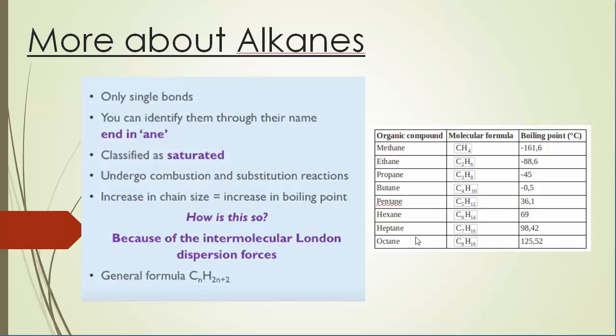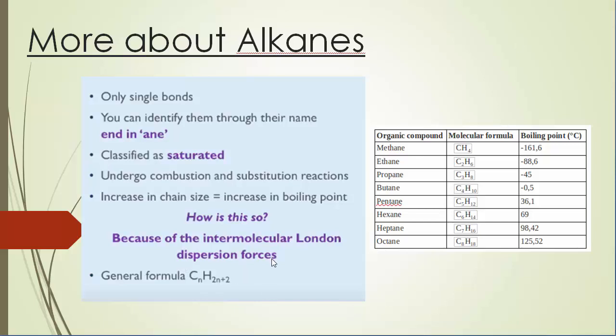If you look at the chart to the right, you can see when it increases in chain size, it is a similar increase in boiling point. How is this so? Because of the intermolecular dispersion forces.